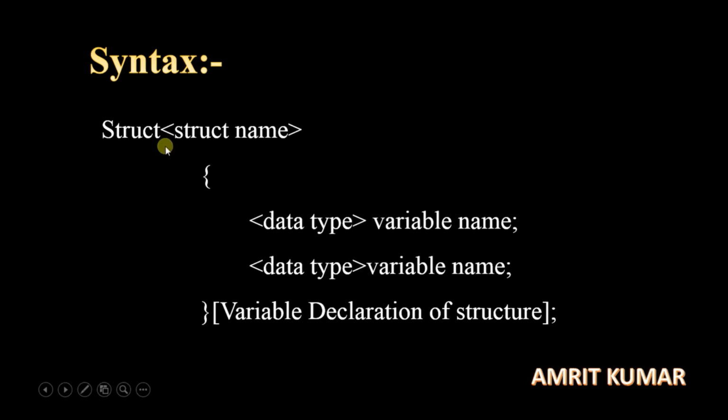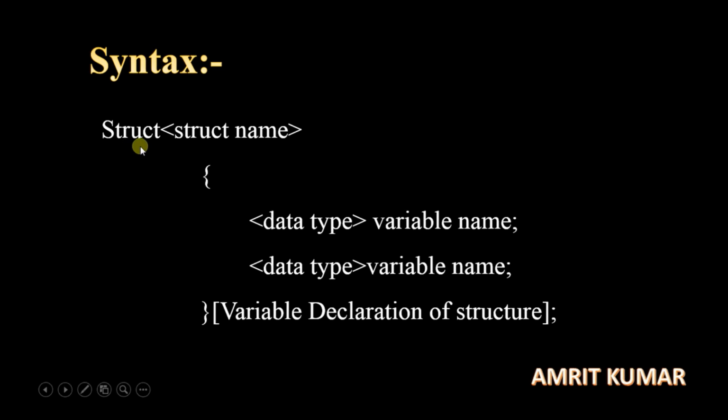But when we talk about the primitive data types, it might be integer, float, or double. These are all primitive data types. So here you can see that you can create your own data type through a structure.